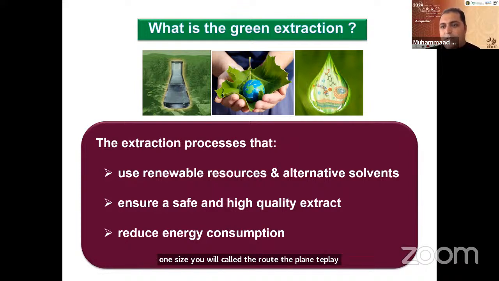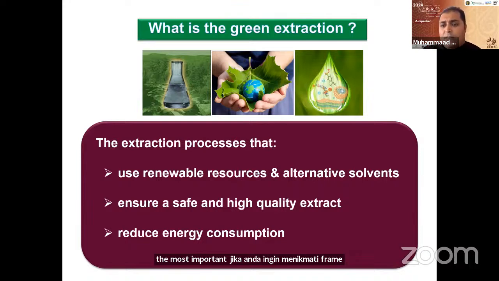If you do it continuously, the plant will disappear. Instead of the root, you can use a renewable part, like the leaves, the flowers, or the fruits. These are renewable parts. If you collect them in one season, in another season you can get them again. So the most important parameter for green extraction is that your raw material must be from a renewable source.